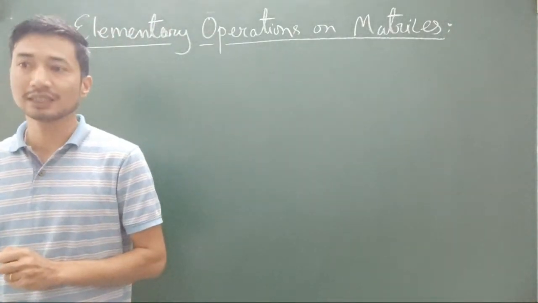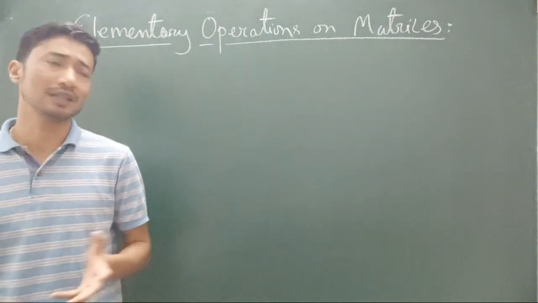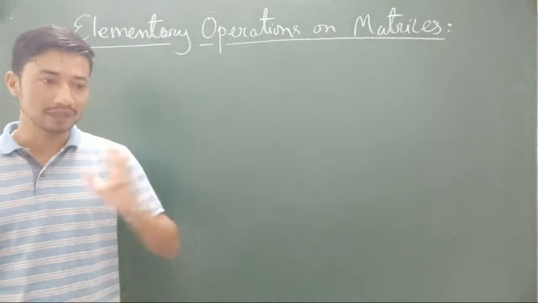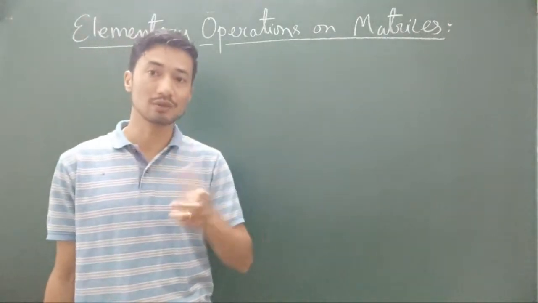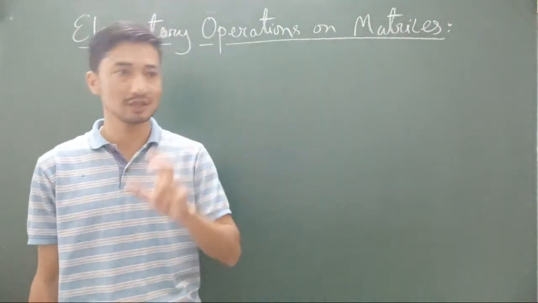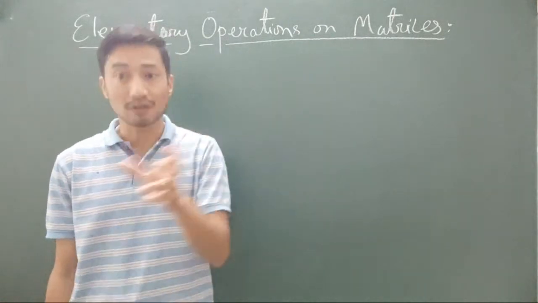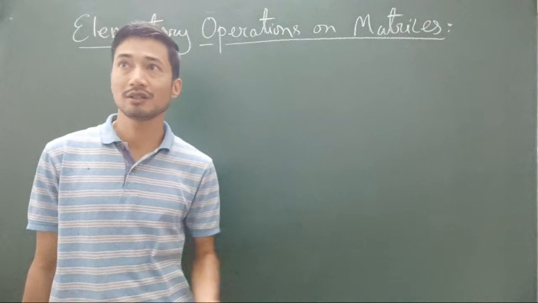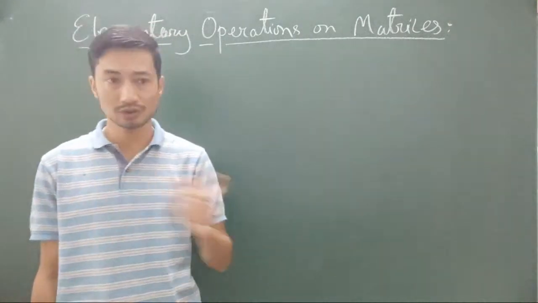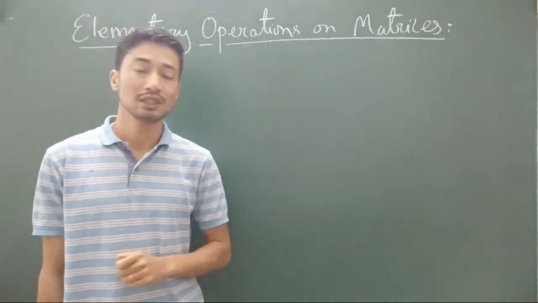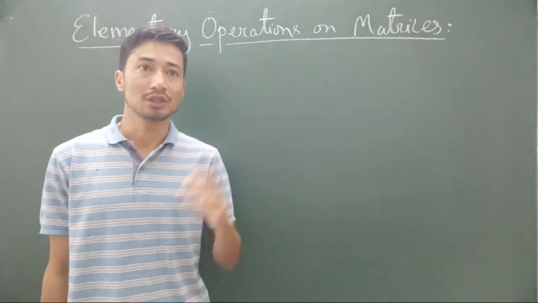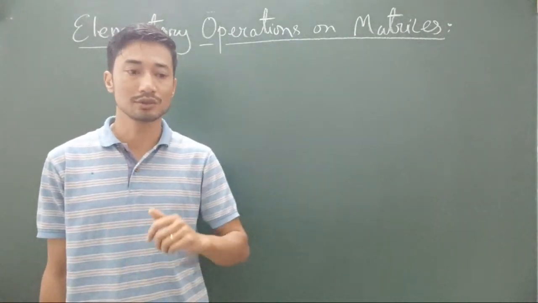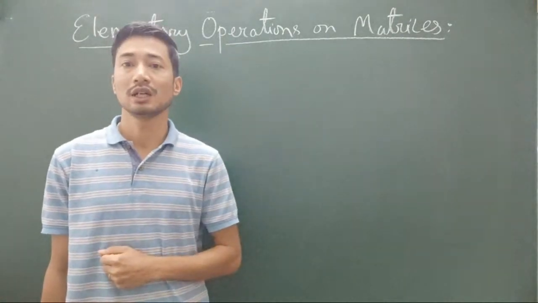For example, you can interchange the rows or the columns, or you can add a particular row to another row. You cannot add a row to a column, that's basically not done. But column to column you can do, and row to row you can do. So these are some operations which you can do.